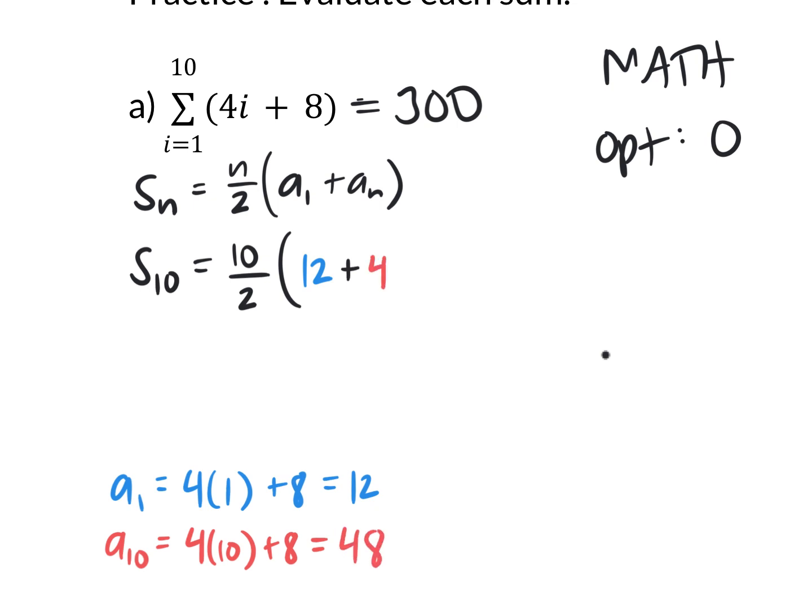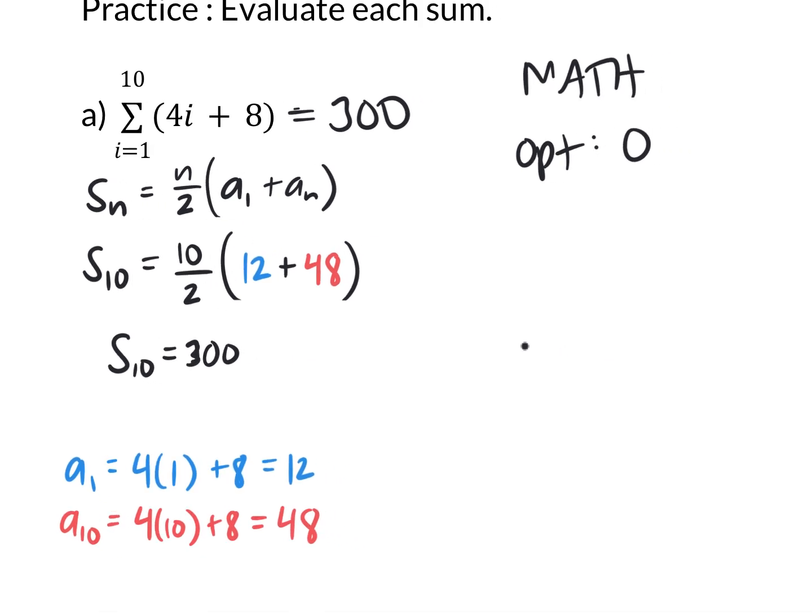So if I put 48 up here, and then I evaluate that on my calculator, do we end up getting the same answer of 300? Yeah. That's kind of how you can do it by hand using the formula. But again, if you were given it like this on a quiz or a test, you can plug it in the calculator as long as you are real confident with your calculator skills. Okay?